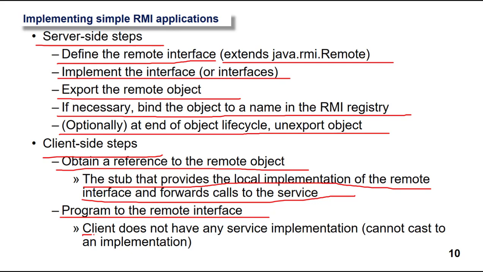The client itself does not have any service implementation, so you cannot cast to an implementation, so it should always program to the interface. Next we're going to have a look at some examples to demonstrate how remote method invocation with Java works.